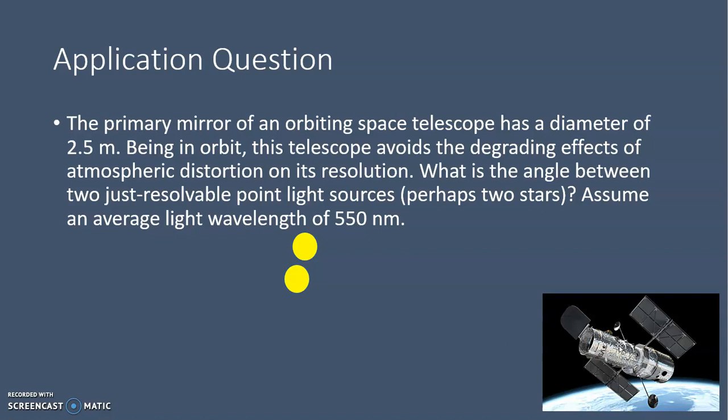So here we have our telescope, our circular aperture that has a specific diameter, and our two light sources, our two stars. Okay, pause this video and see if you can give this question a shot, and we'll discuss the answer in just a moment.